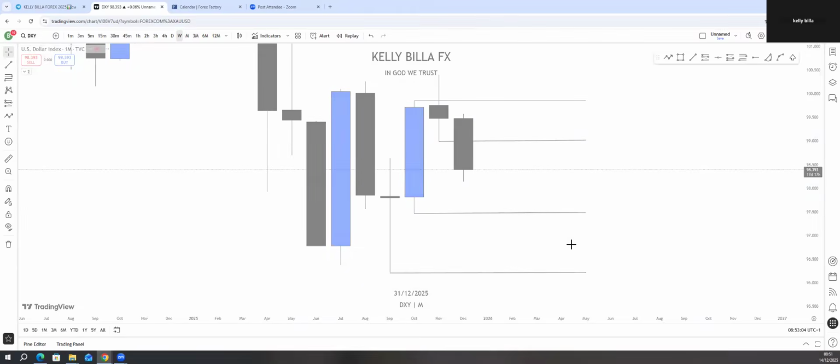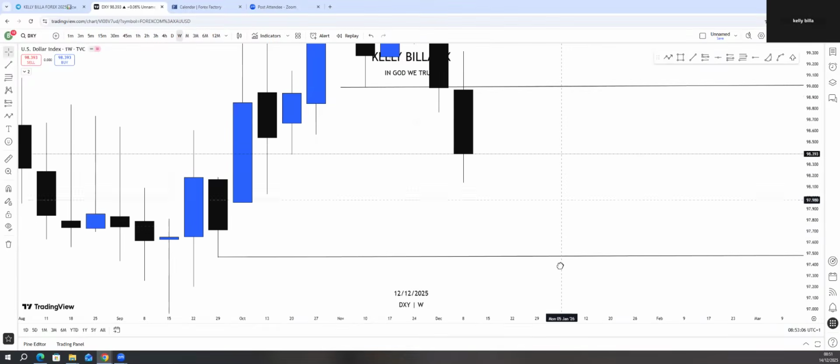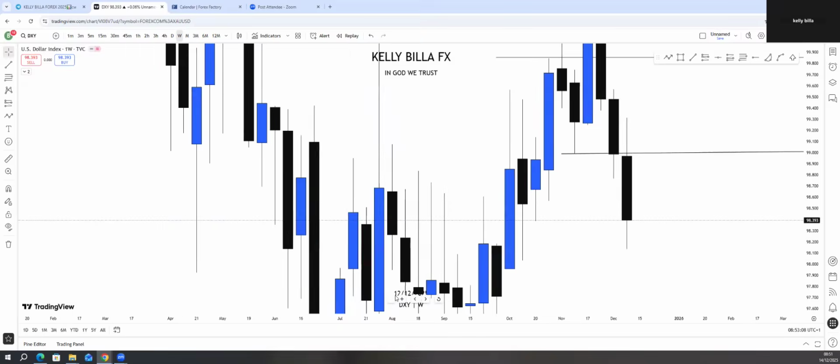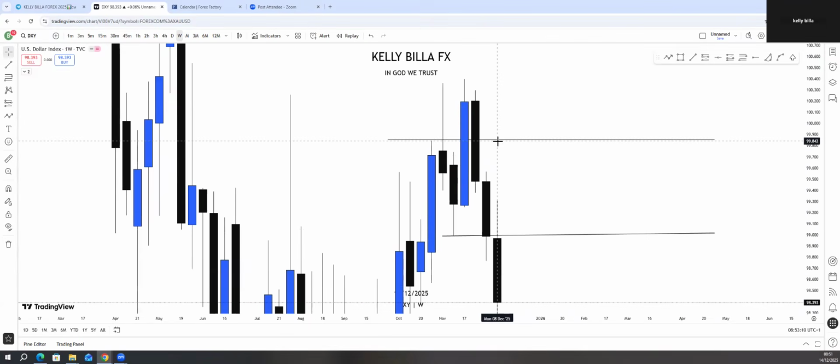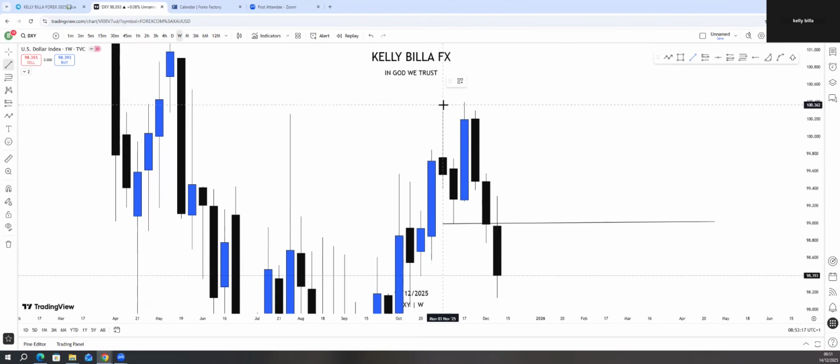So let's shift to the weekly time frame and try to build a weekly profile around how price will behave. So far, for 3 weeks in a row, Dollar Index has been pushing to the downside.